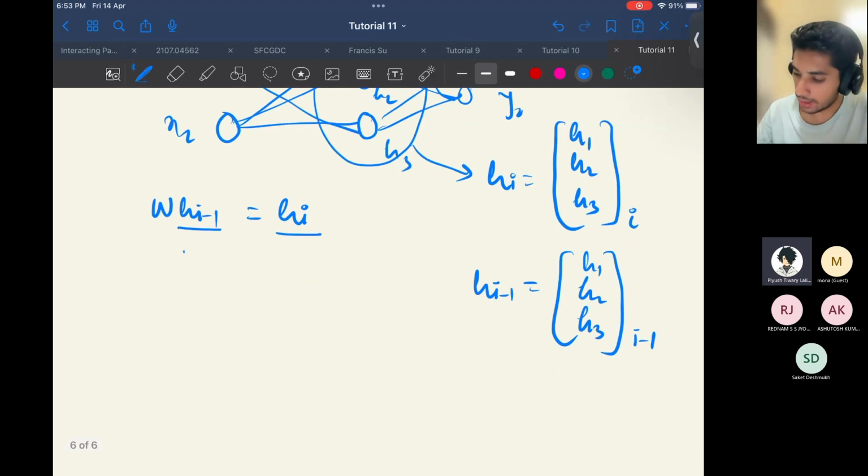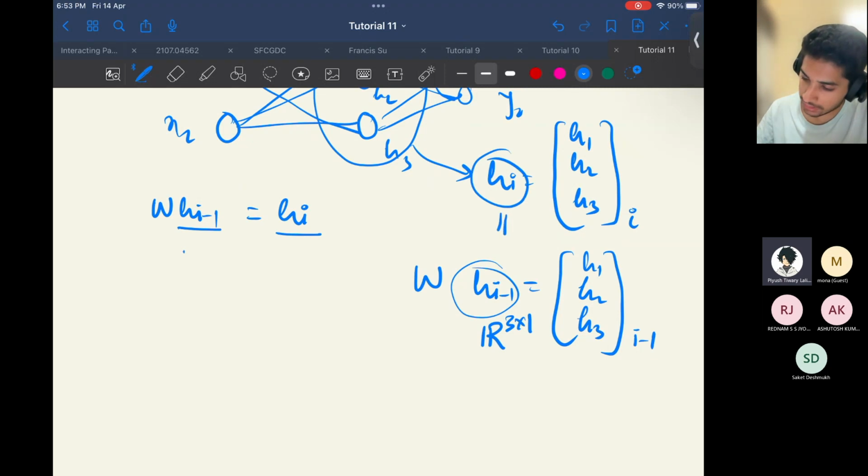Now I have to multiply this vector h_{i-1}, which is R^3 cross 1, with some matrix W to give h_i, which again has a dimension of R^3 cross 1, right? So what should be the dimension of this matrix?